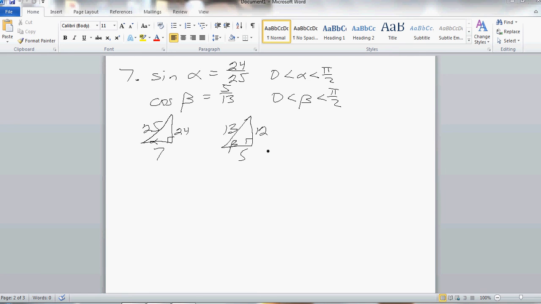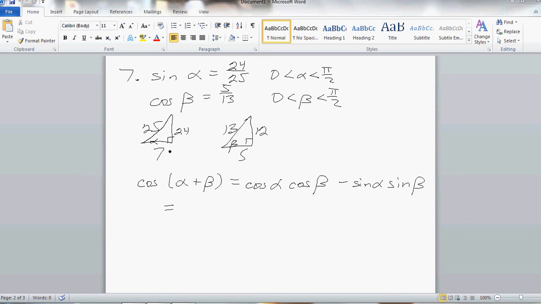And so what we want to do is we want to find what is cosine of alpha plus beta. Well, cosine of alpha plus beta, what we need to do is we need to go ahead and just write out the equation. So that is cosine alpha cosine beta minus sine alpha sine beta. And then it's just a matter of plugging in the values here to figure out what's what.